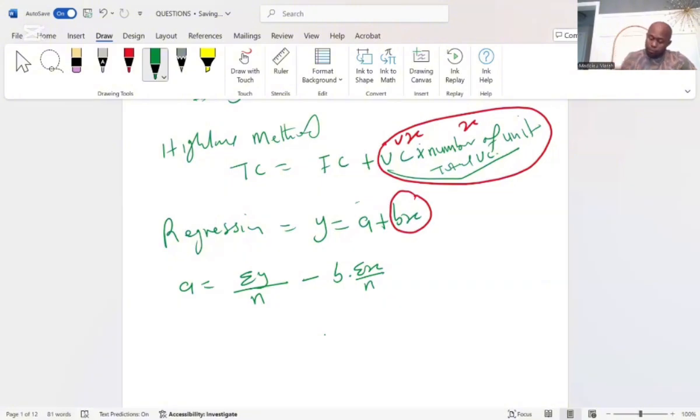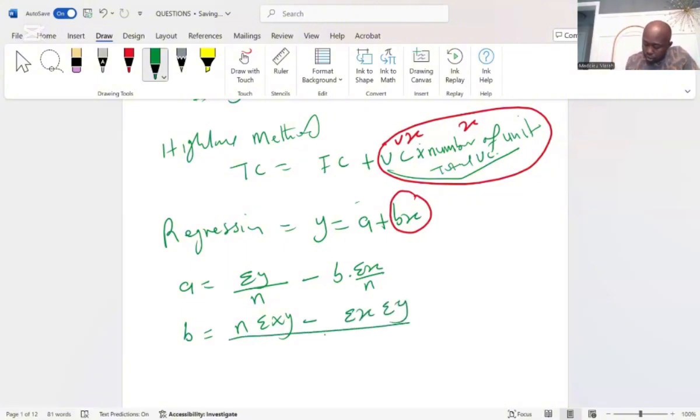Now, how do we get b? b is n, the same n for the number of observations, multiplied by the sum of xy. We multiply x and y values and add them, which gives us the sum of xy, minus the sum of x times the sum of y.